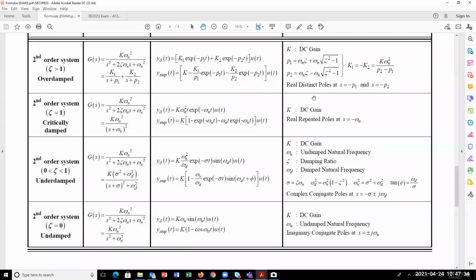And then the other formulas that we need: sigma equals zeta omega n, omega d equals omega n square root of 1 minus zeta squared, and tan phi equals omega d over sigma. Now let me switch the screen.